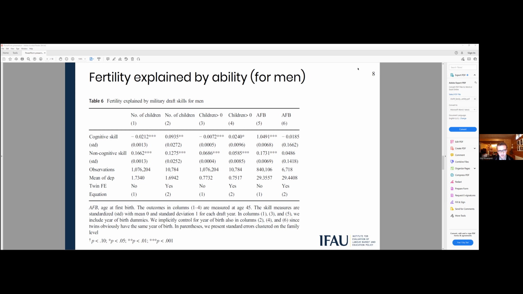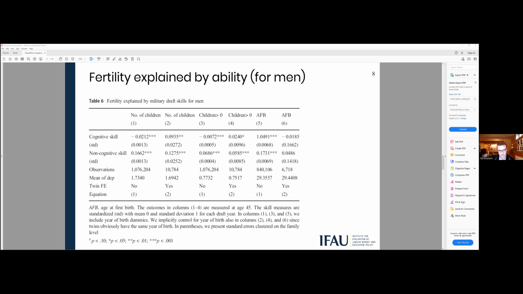And interestingly, when we then go to the within twin pair model in column 2, we see this positive shift for cognitive skill, as we saw before, for years of schooling and compulsory school GPA. But actually for non-cognitive skill, we instead see a movement in a negative direction.